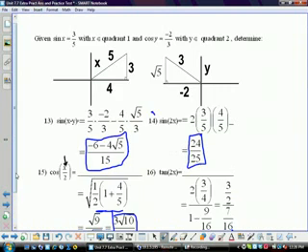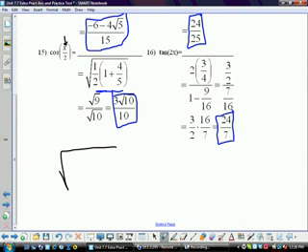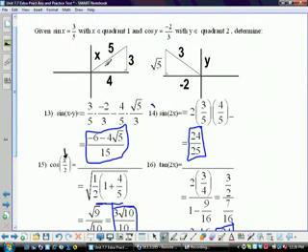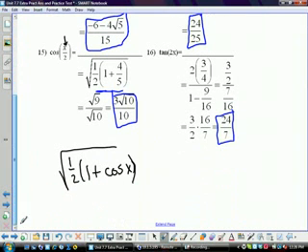My half angle formula tells me that it's the square root of 1/2 times 1 plus cosine of X. So I go up and find cosine of X. So I go up to my triangle. Cosine is adjacent over hypotenuse. So 4 over 5. So I write that in right there. Then I say, what's 1 plus 4 over 5?